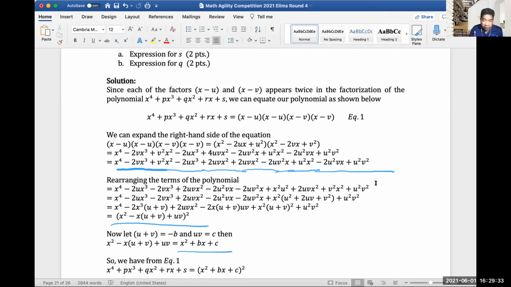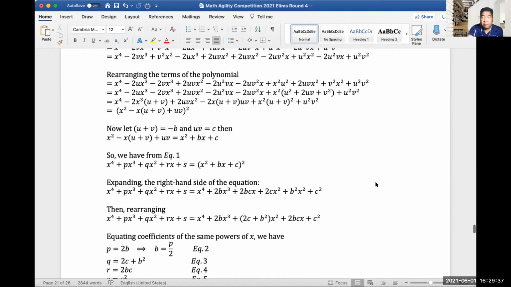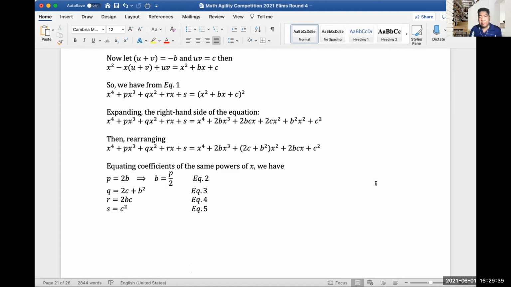So what's our next step? We have from equation 1, equal to x squared plus bx plus c quantity squared. Again, expanding the right hand side, we will get x to the fourth plus 2bx cubed plus 2bcx plus 2cx squared plus b squared x squared plus c squared.